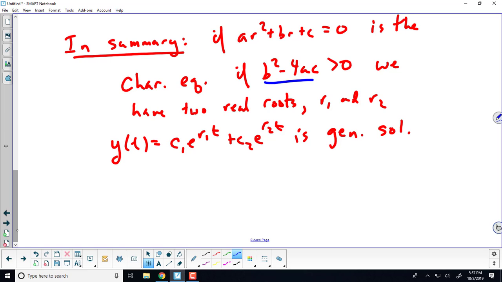Because it's positive, those two real roots are distinct. And every time you check for linear independence, that will always happen with these e functions. So that's the general solution if the characteristic equation has two real roots. Okay?